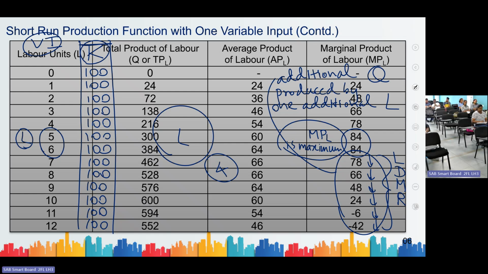That is the meaning of marginal product of labor. So capital is underutilized. There is an abundant level of labor. Hope you got the idea of the law of diminishing marginal returns.